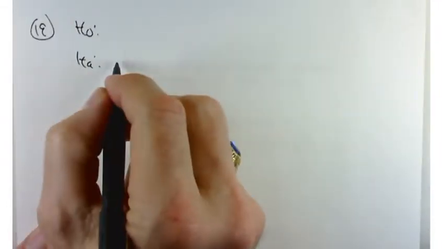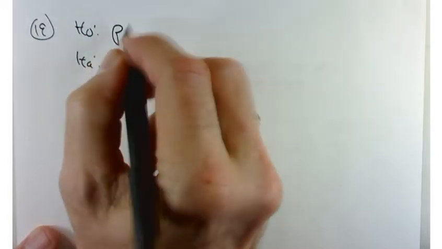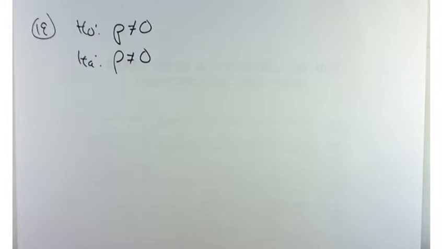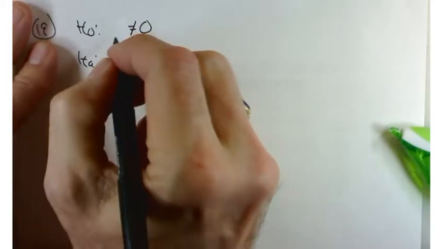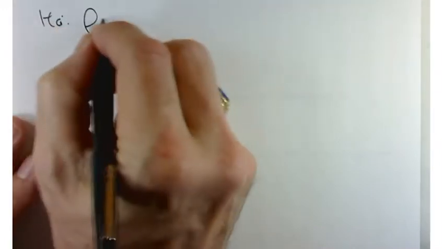So pretty much the same thing as before. Rho equals 0 and rho is not equal to 0. Let me make this look more like a rho and less like a p. There we go. Rho equals 0 and rho is not equal to 0.